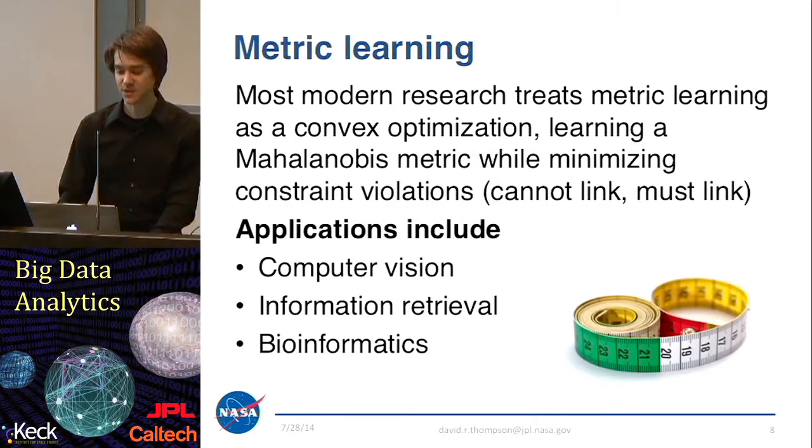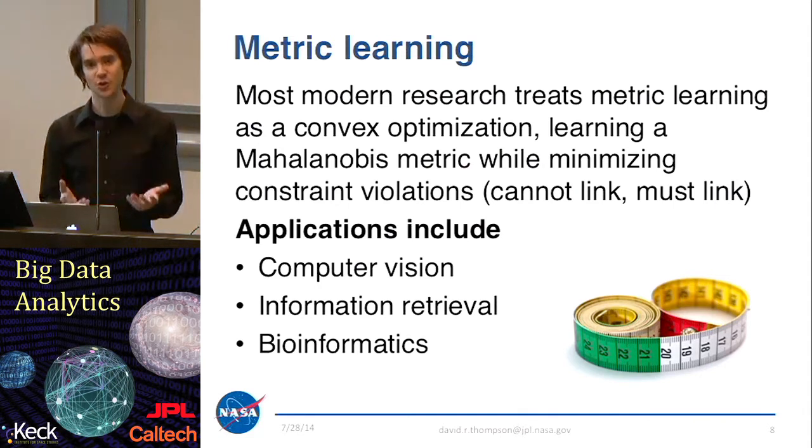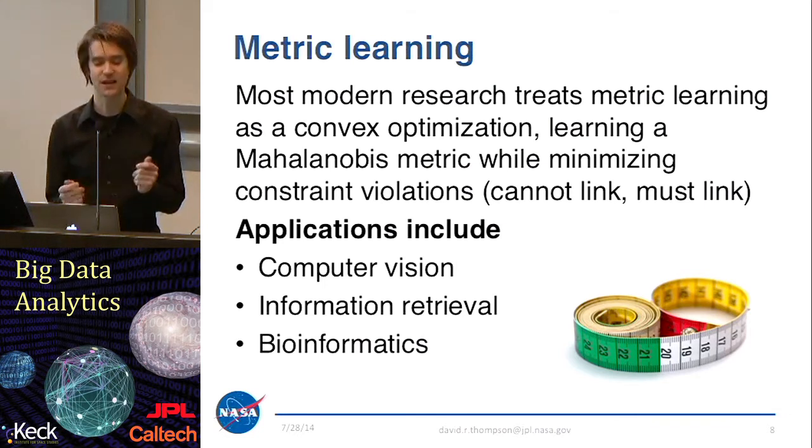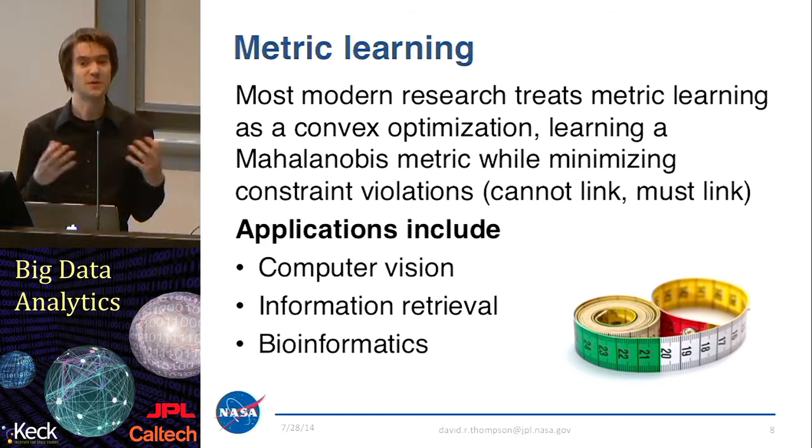All right, this leads me to the wild and woolly topic of metric learning, which is an area of a lot of active research. Most modern metric learning research, that is work to learn these distance measures, treats it as a convex optimization problem. So they take a Mahalanobis distance and then have some constraints on that based on the class structure in the data, such as data points having similar class must be close together, data points having different class must be far apart, right?